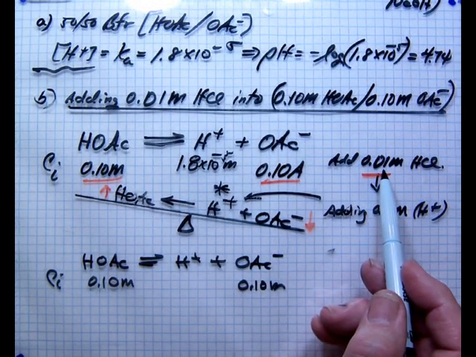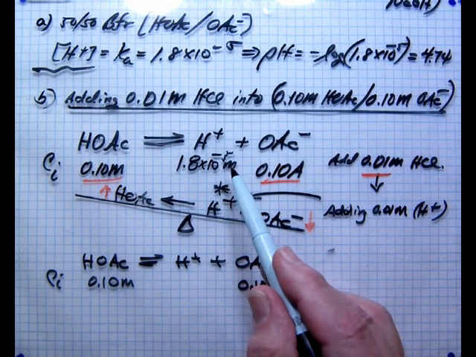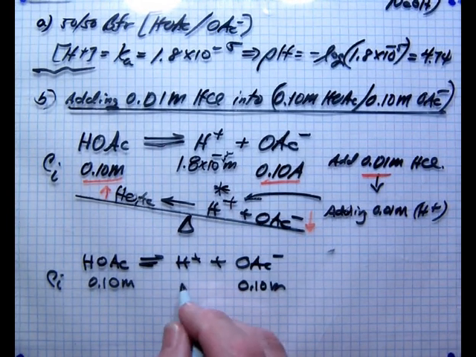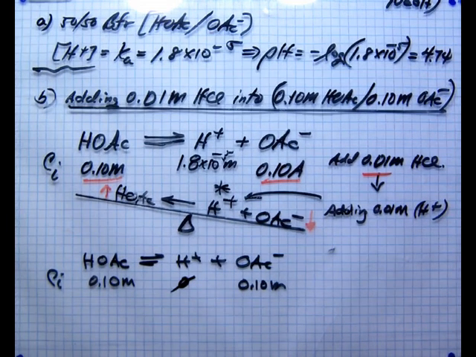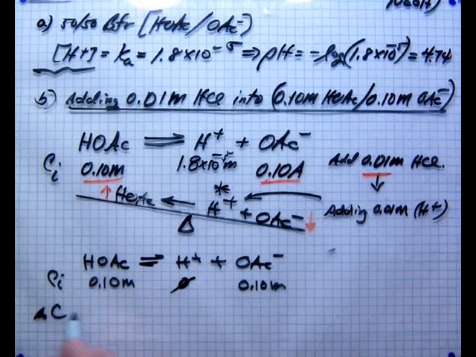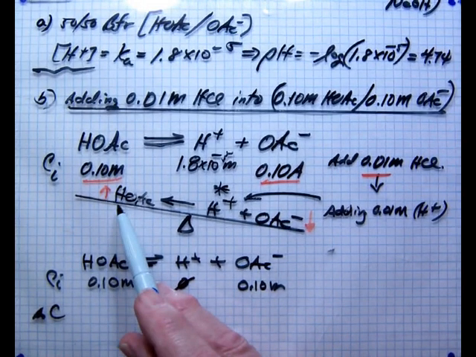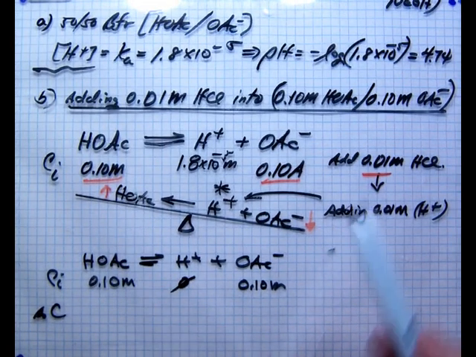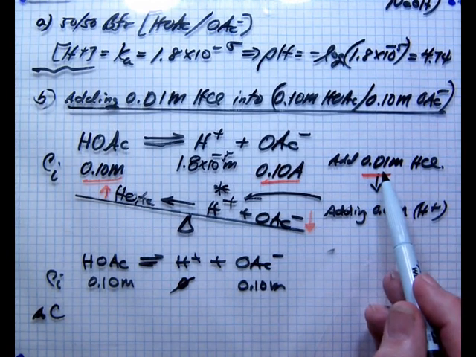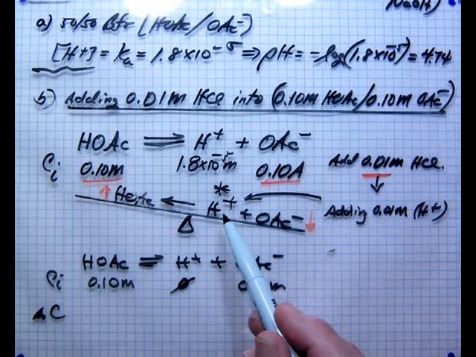As far as hydronium ion, 10 to the minus 2 versus 10 to the minus 5, we'll just assume that starts out at 0. Your changes are what I marked in orange. Watch this closely. We have to get rid of 0.01.